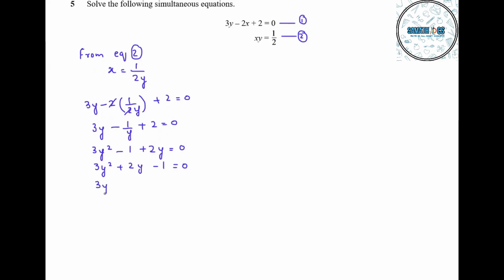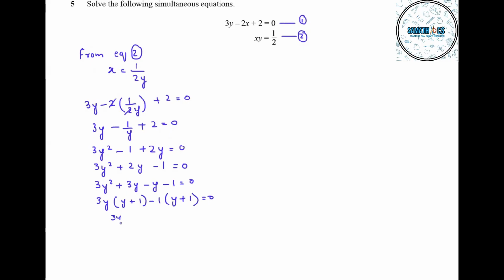So we have y squared plus 3y minus y minus 1 is equal to 0. So y(3y + 1)... 3y, y plus 1, minus 1, y plus 1 is equal to 0.